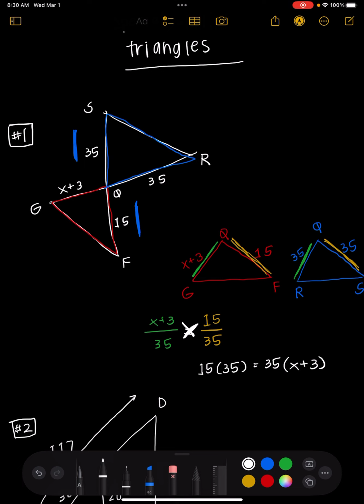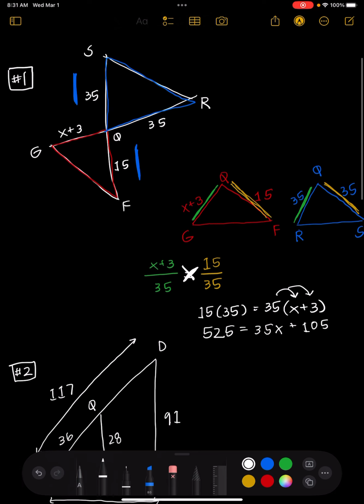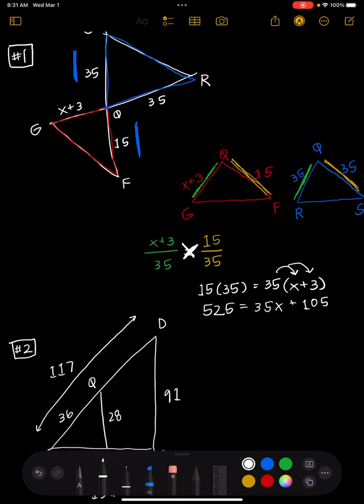Okay, so now I'm going to go grab my calculator. We can do 15 times 35, which is 525. Then the 35 on the right side will be distributed. So 35 times x gives me 35x, and 35 times 3 gives me 105. Now to solve for x, I want to get the x by itself, so I'm going to subtract 105 from each side.